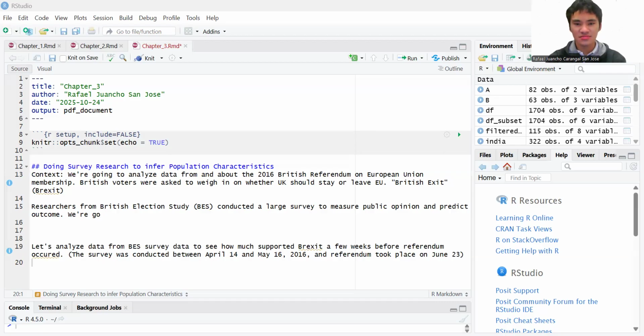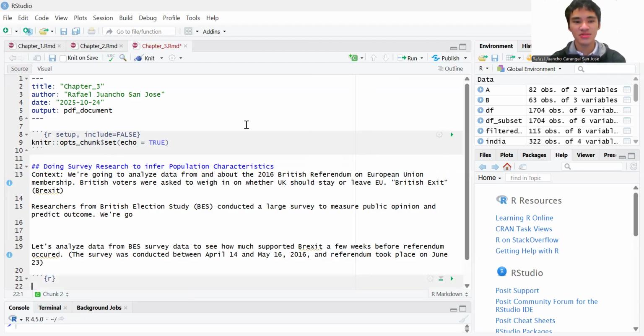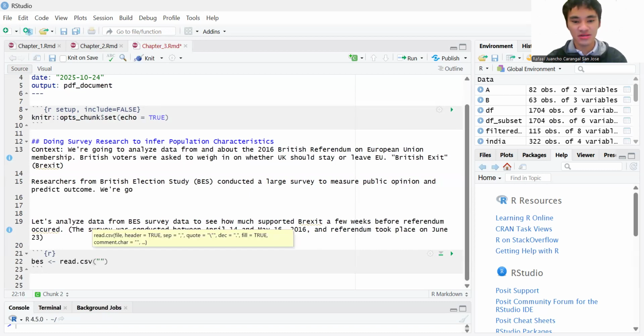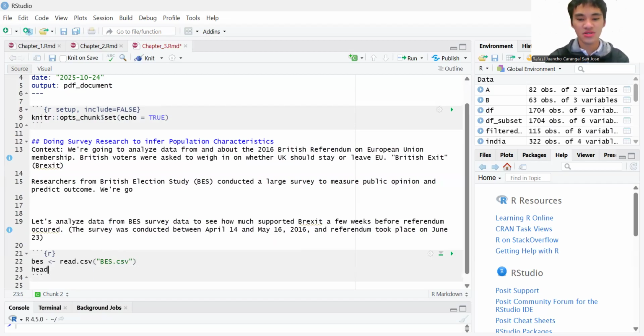Let me just load in the data because I think I have it in the same directory. The way I would load it is we just do BES, an assignment operator, read the CSV file, put in the CSV file name, and look at the head.